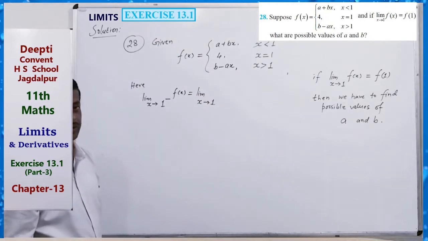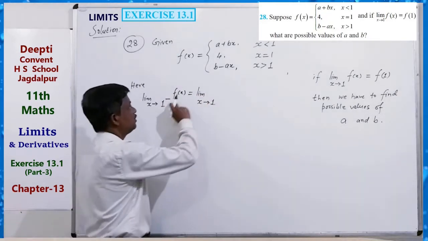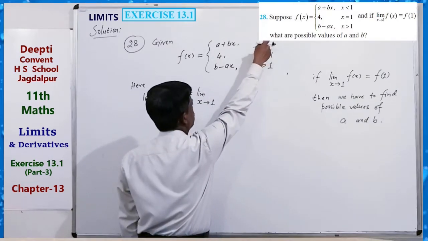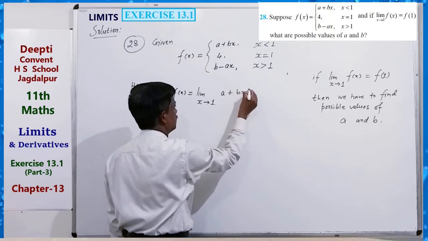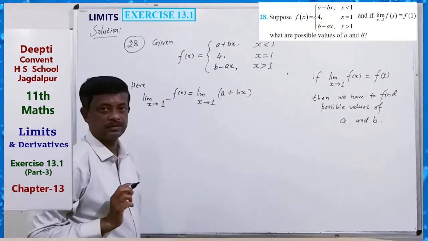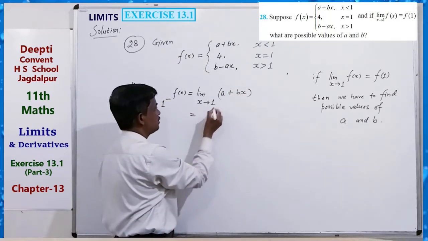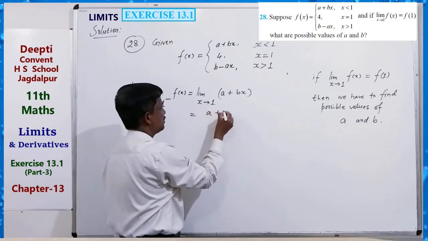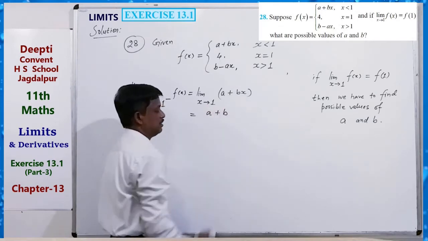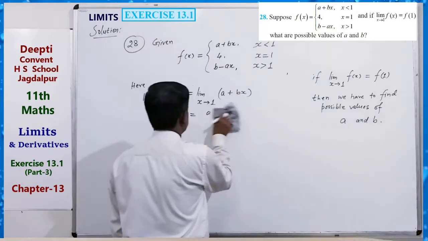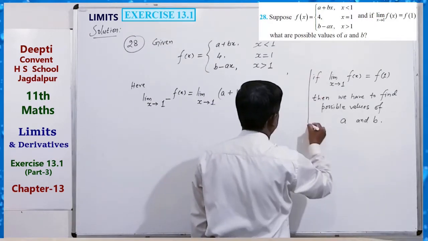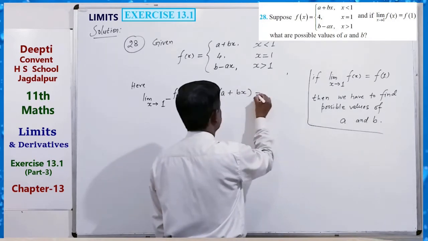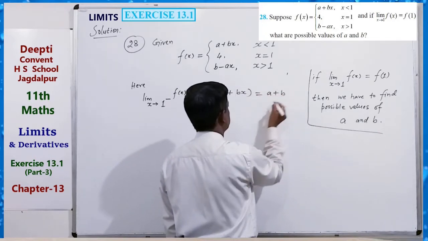For the left hand limit, x tending to 1 from the left, that is x less than 1, so this is a plus bx, that is a plus b.